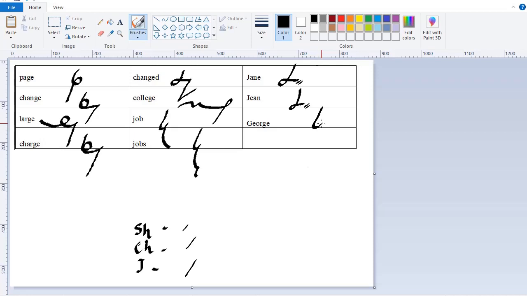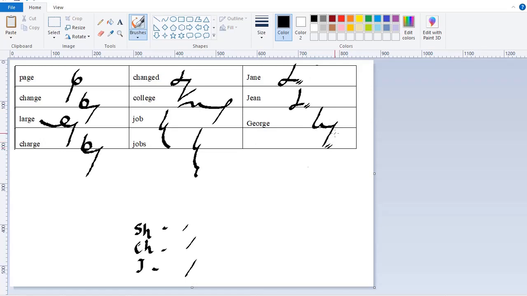And then George: O, and then R, and then J. Write what you hear. When you say the name George, yung O lang ang gagamitin mo. Of course, don't forget your capital symbol.